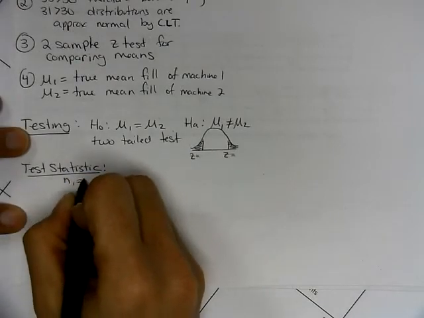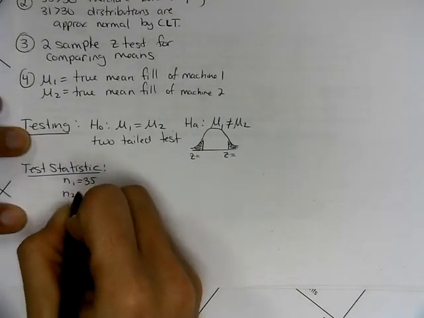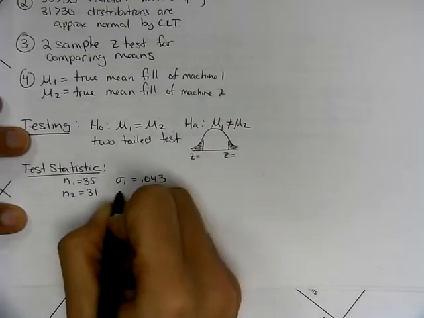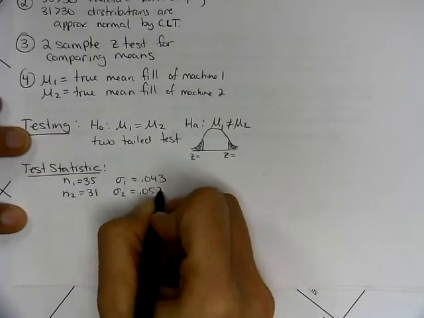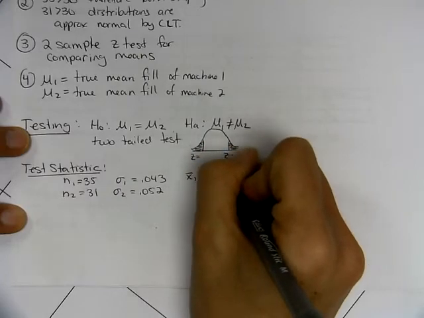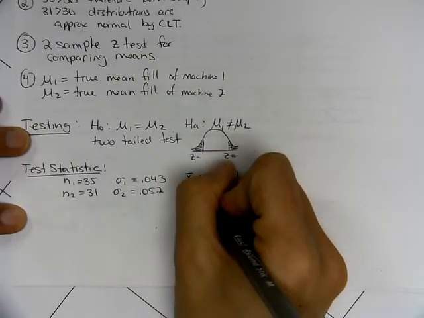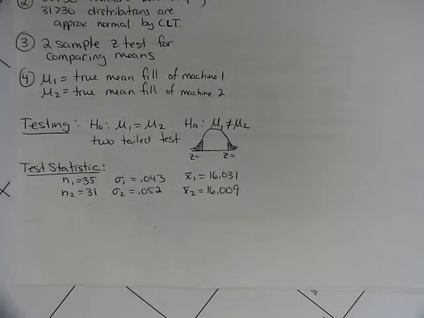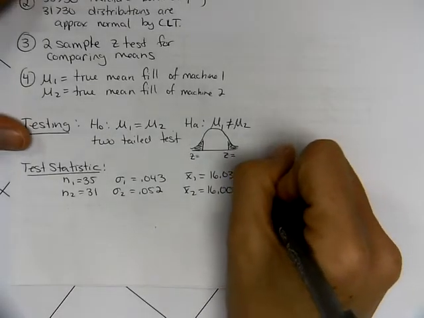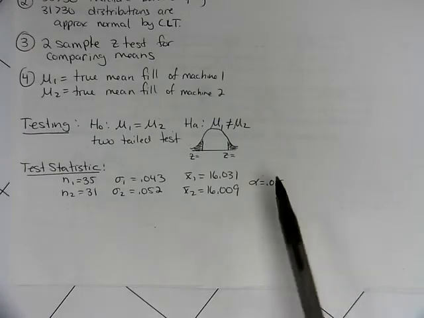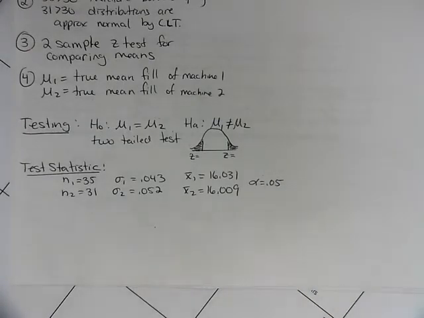So n1 was 35, n2 was 31, sigma 1 was 0.043, sigma 2 was 0.052, x bar 1 was 16.031, x bar 2 was 16.009. Do we have an alpha? Yes, 0.05. Now, if this was a t-test, you would want to put degrees of freedom, but just leave it blank until you do everything in the calculator.